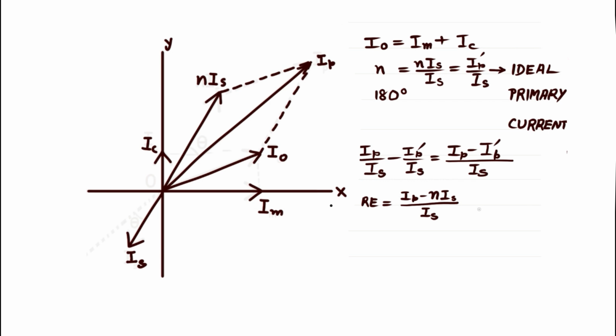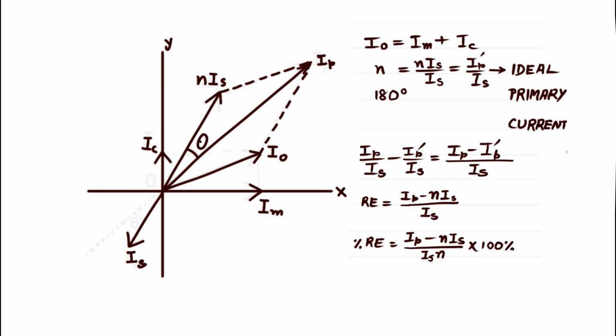If we want to represent it in percentage, we can write percentage ratio error equals IP minus NIS divided by NIS times 100. This means the ratio error with respect to the rated ratio represented in percentage. 1% ratio error means the ratio of the CT may differ by only 1%.